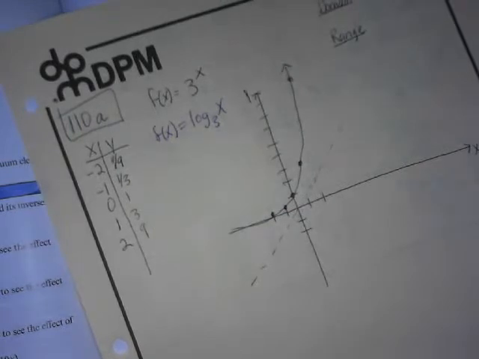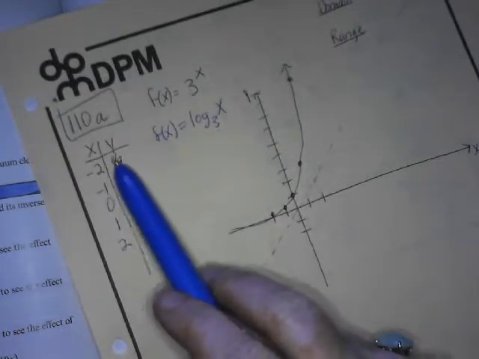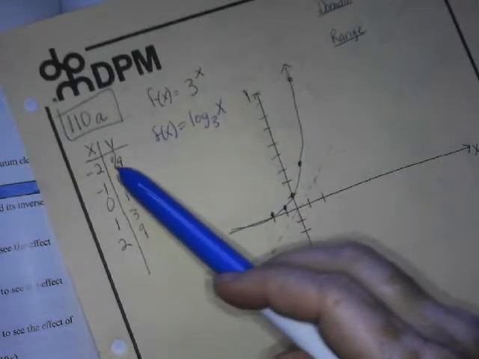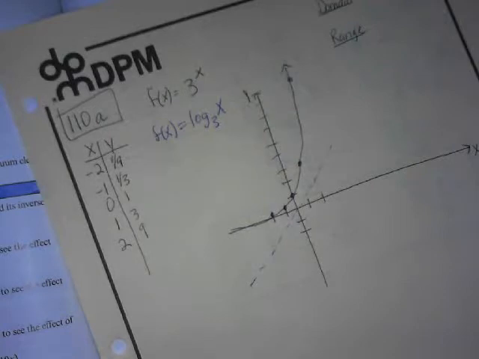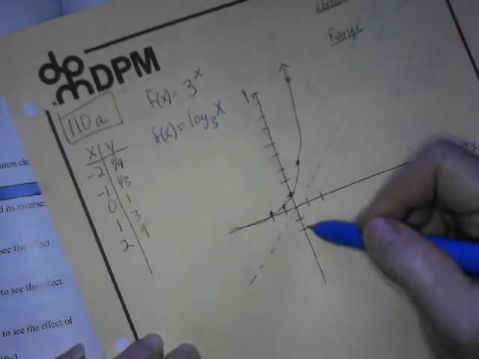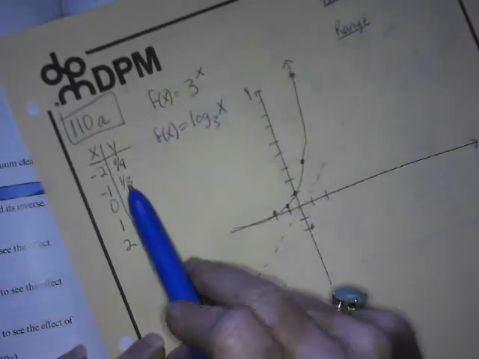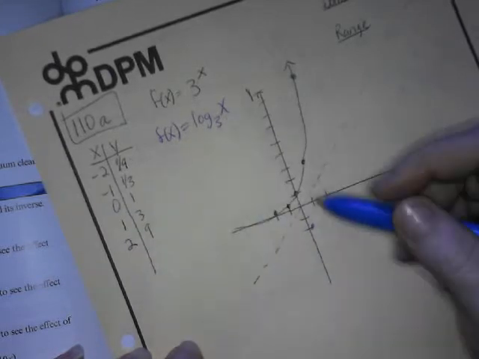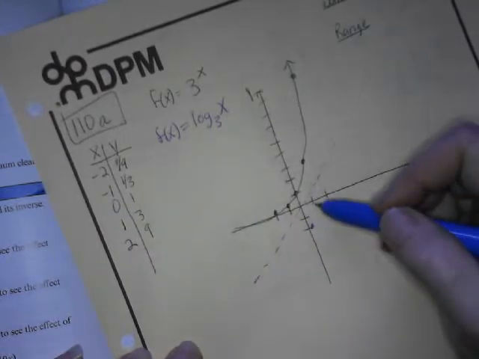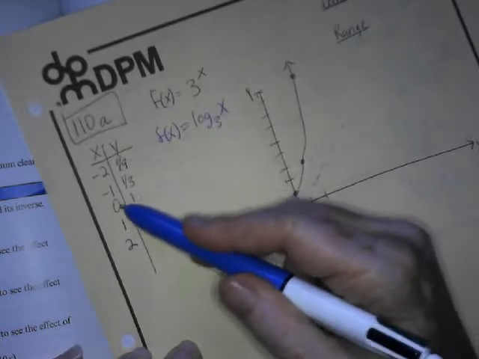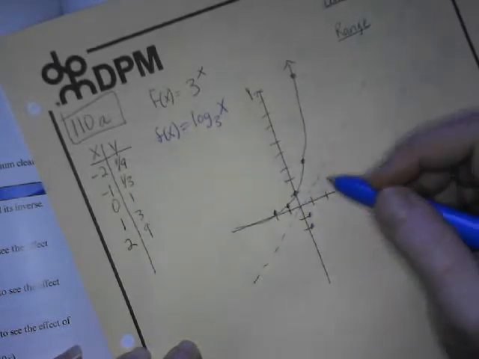But really, I can just use these ordered pairs. I can reverse them. That's what I like to do. So I can go 1/9 comma -2. See how I'm using the y first and the x second, 1/3 comma -1. And then, see I'm doing it backwards, 1 comma 0.